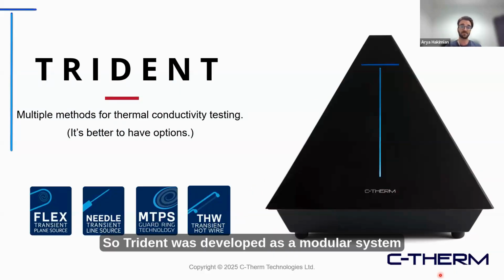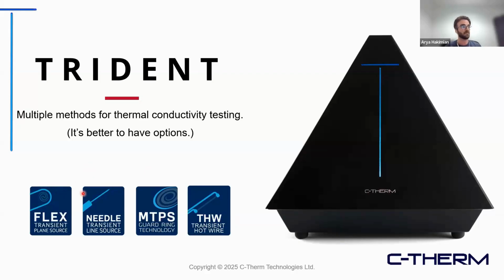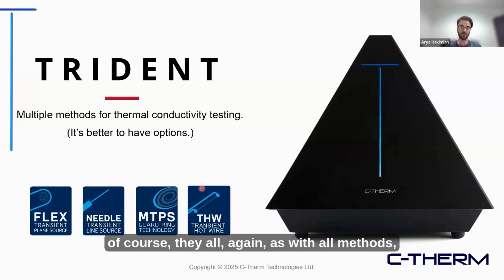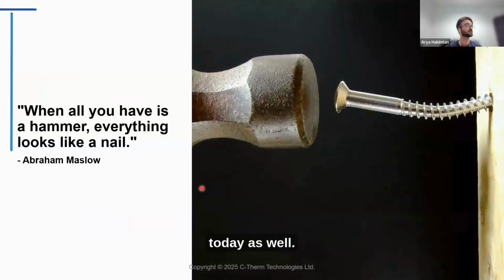So Trident was developed as a modular system, bringing together 4 of the most prominent methods in the transient space. Amongst these different methods, as with all methods, they will have their pros and cons, certain considerations to keep in mind. So we'll be going into detail on these here today as well.